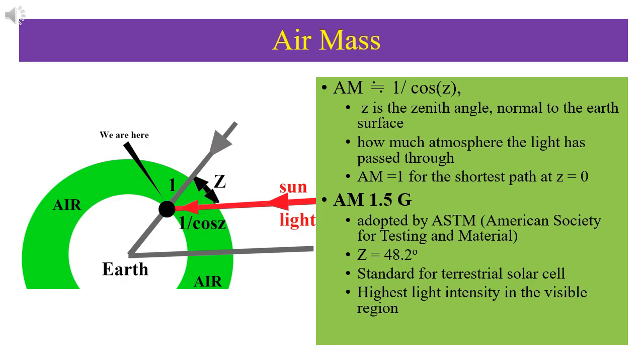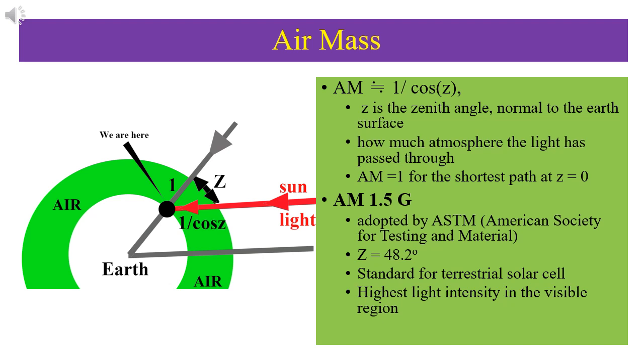First, I'll explain air mass. Intensity of solar light on the Earth's surface depends on the latitude at a specific time because the distance light travels through the atmosphere also depends on it. The relative distance with respect to the shortest path from overhead defines air mass.